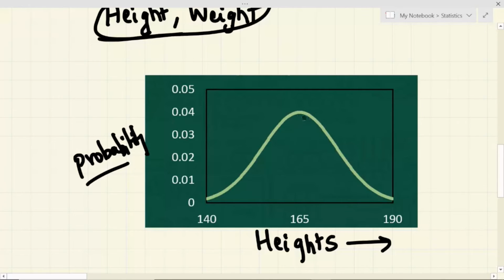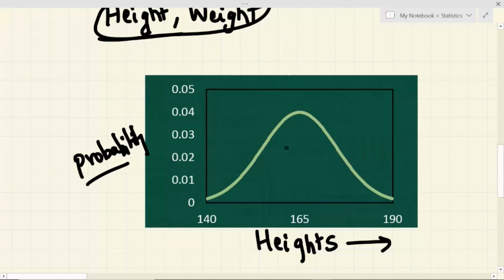So when we say 0.04, does it mean 4%? Actually, it's the probability, the maximum chance of having people with height 165 in any specific region is maximum, right?